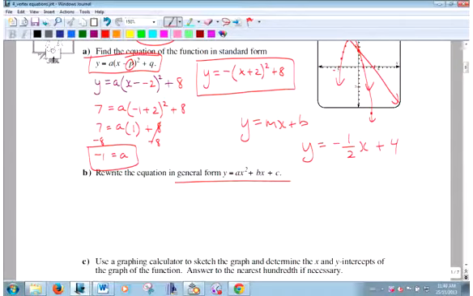Okay, a little bit of working. This is what I got. I want to write it like that. Okay? So I want to expand this thing out. y is negative (x plus 2) squared plus 8. What should be your first step? That.